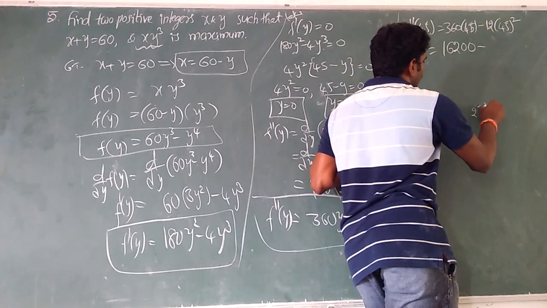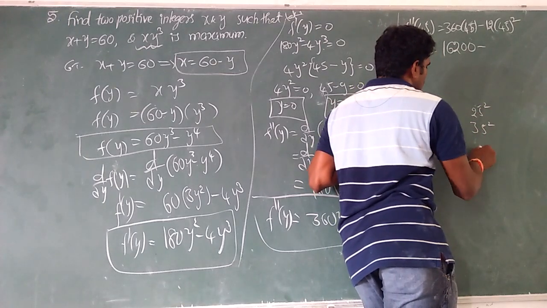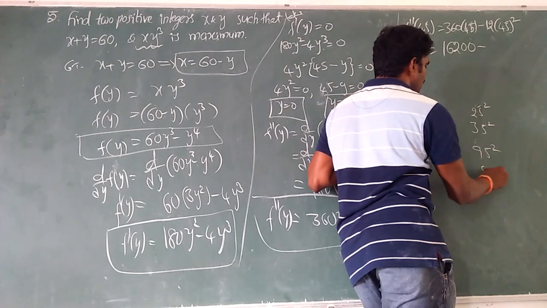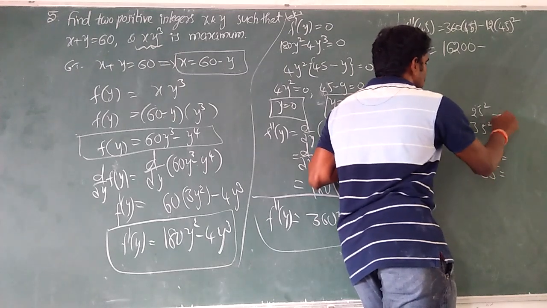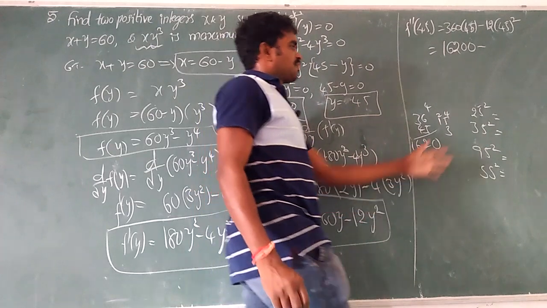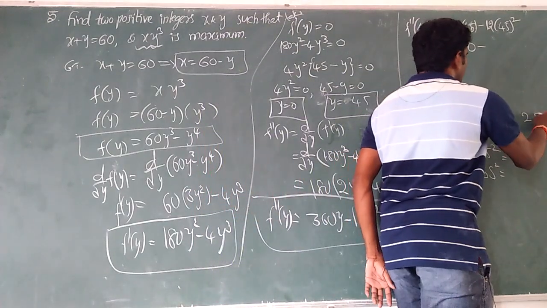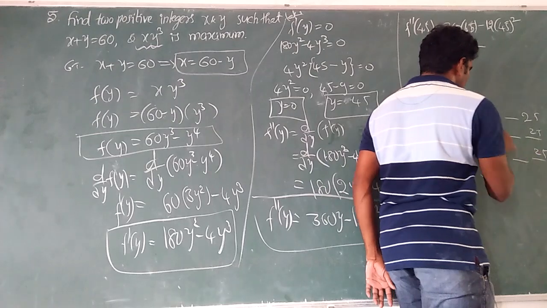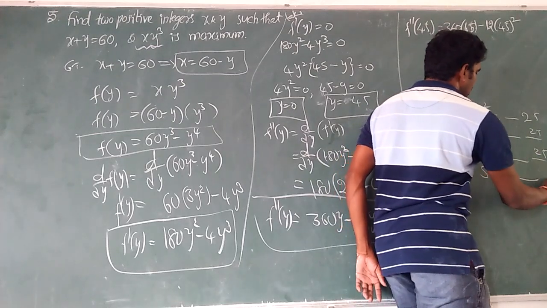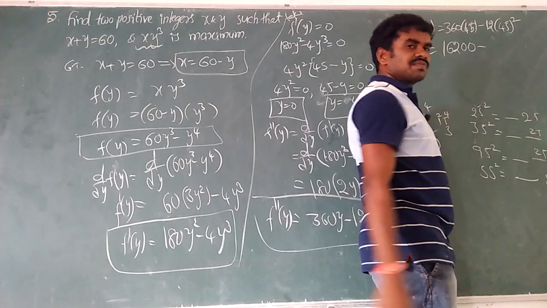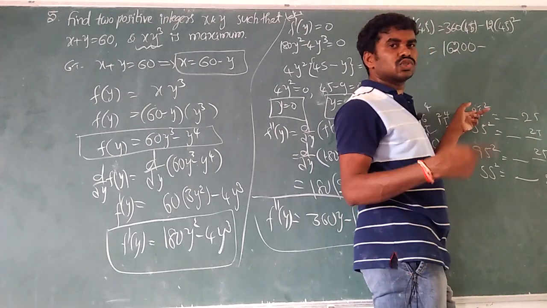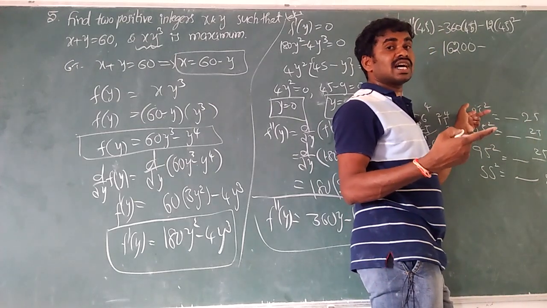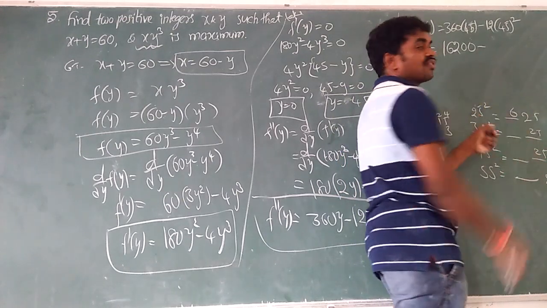Generally 25 square, 35 square, 95 square, 55 square, simply we can write. The last two digits are 25 if the last digit is 5. Then before it, for 25, take 2, after 2 comes 3, 2 3s are 6, so 625 is 25 square.